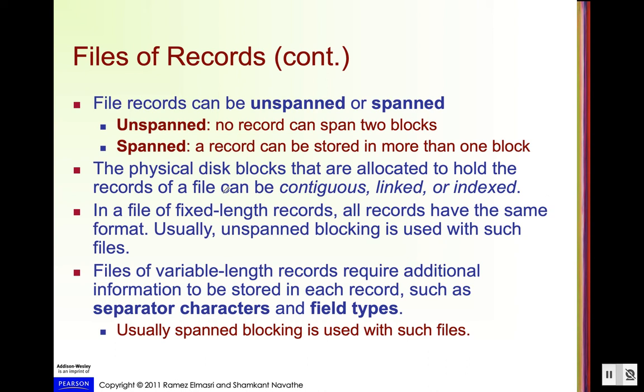In a file of fixed length records, all records have the same format. For example, a file that keeps track of multiple employees, where each employee has the same format. Files of variable length records can require additional information to be stored, like separator characters or field types. Usually a spanned organization is used with such a type of file.